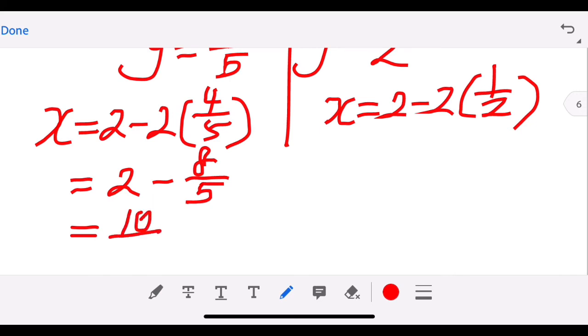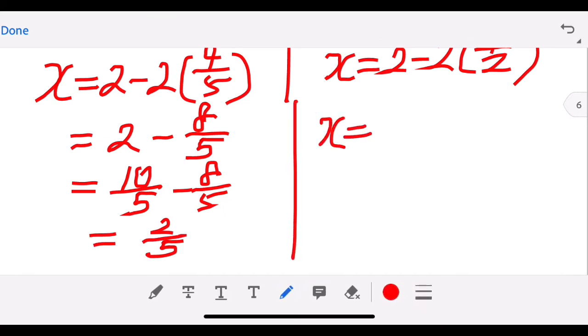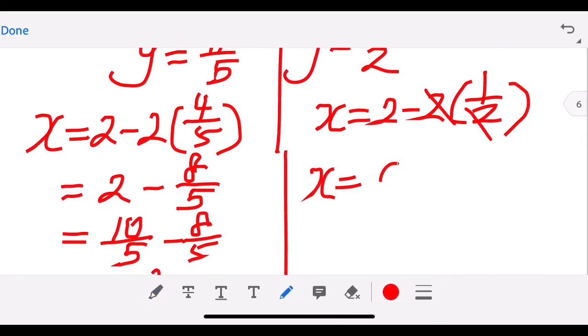This is 10 over 5 minus 8 over 5. Of course, you can use a calculator, no problem. So my x is 2 over 5. And then the x will be 2 minus 1, so the x is 1, right?